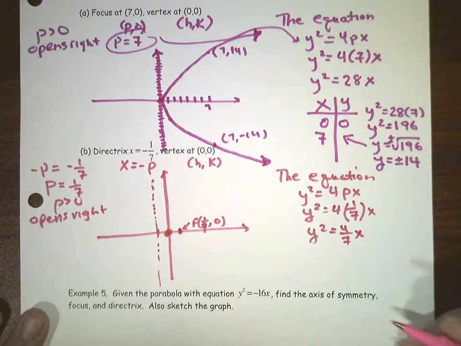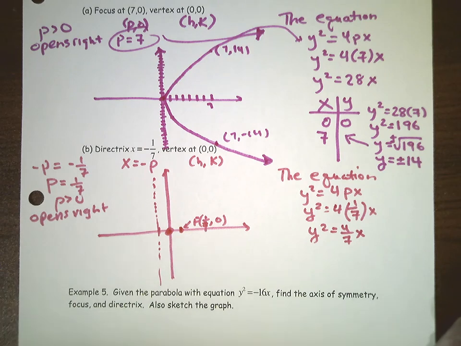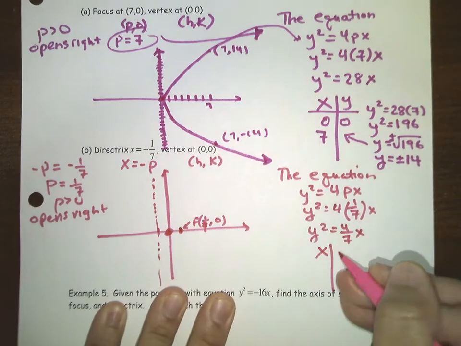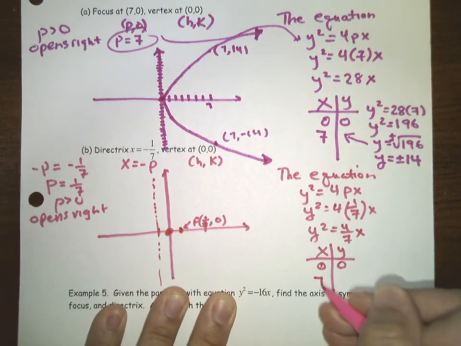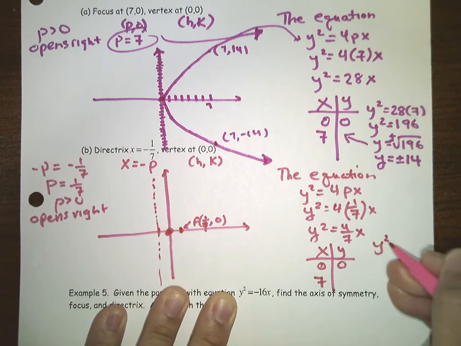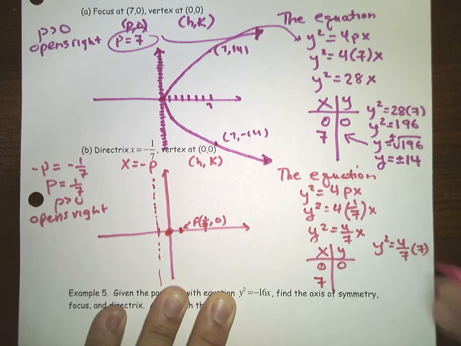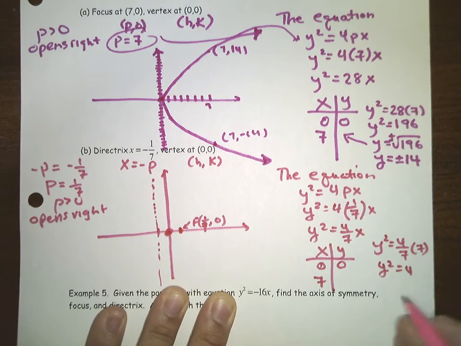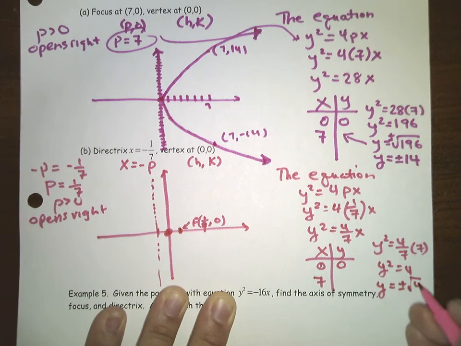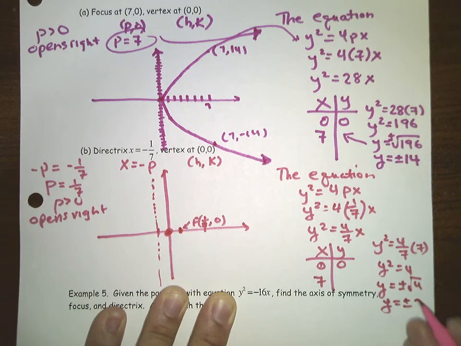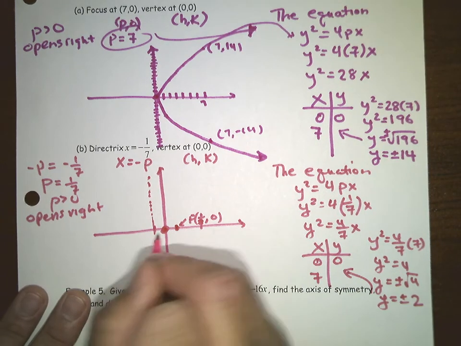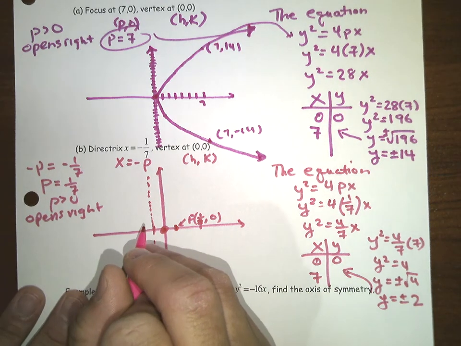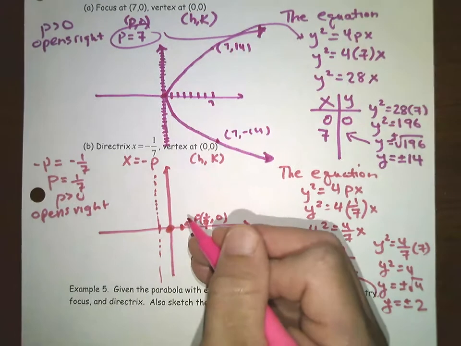So then, (0, 0) is a point, but if x is equal to 7, then we have y squared is 4/7 times 7. So y squared is equal to 4. And then if I take the square root, y is equal to plus or minus the square root of 4, but that's a perfect square of 2. So we have a point at (7, 2) and (7, negative 2).